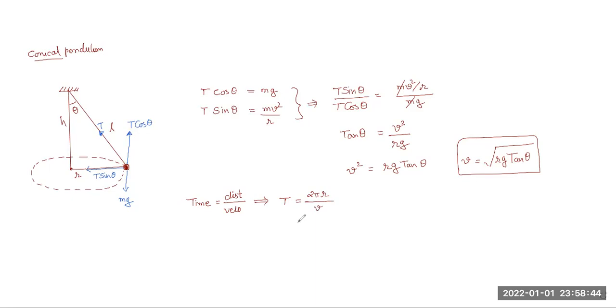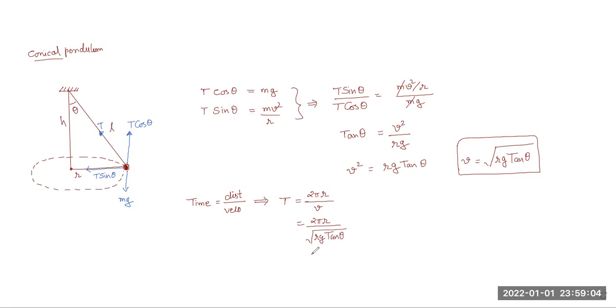We know the value of v is root of rg tan theta. So T is 2 pi r divided by root of rg tan theta.